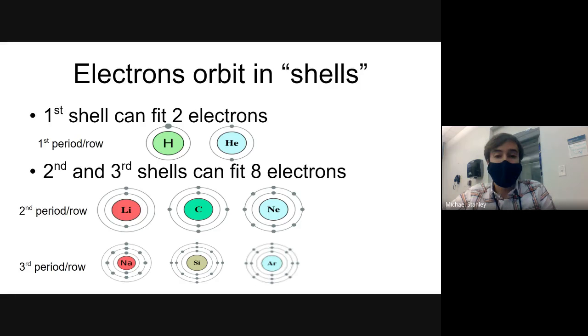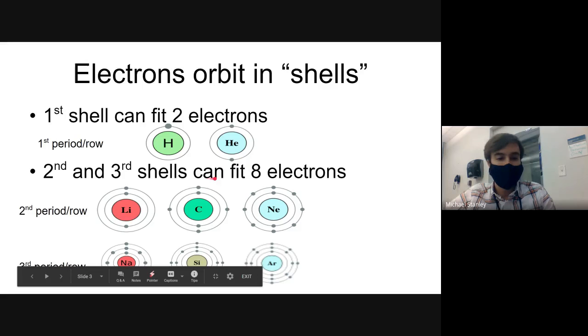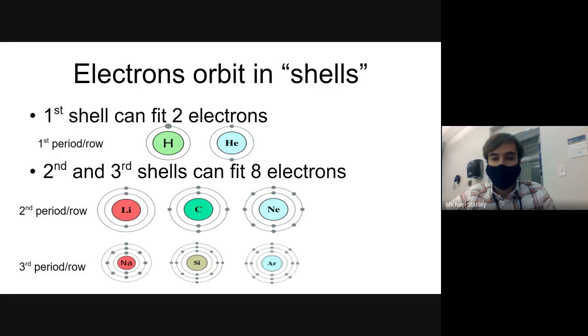So I'm going to work some examples of these with you guys here in just a second. But does anybody have any more questions about the basics of the electrons and the electron shells? All righty.